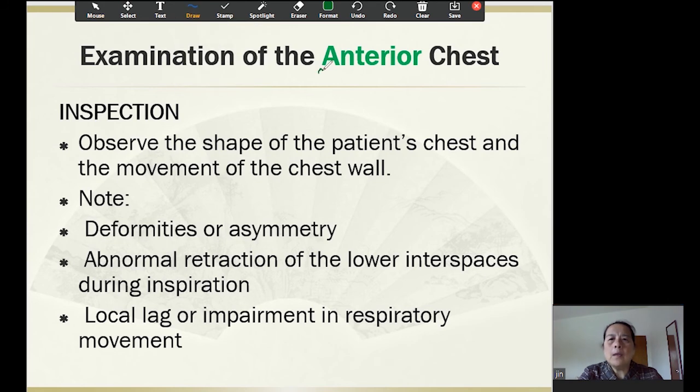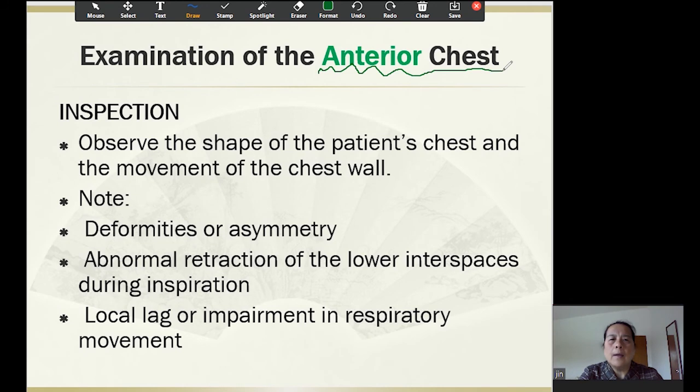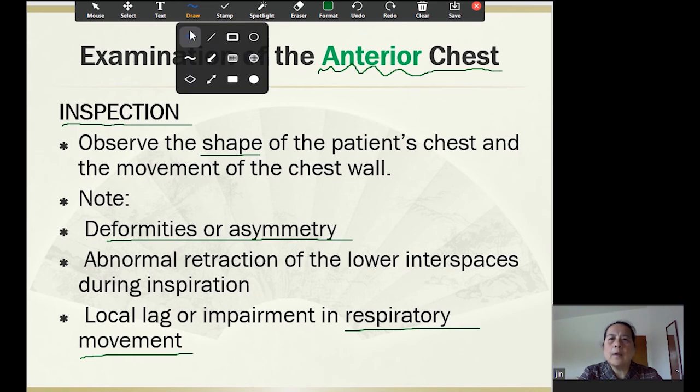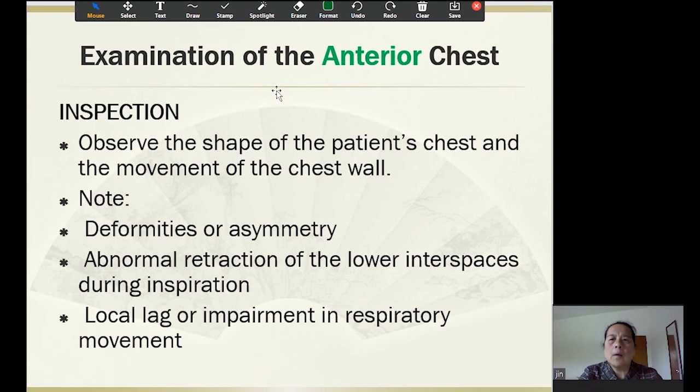Then we check the anterior chest area. We still follow inspection. We're looking at the shape, whether both sides are pretty similar, and the movement following respiration. That's pretty similar to the back.